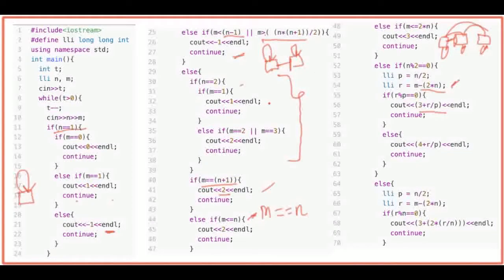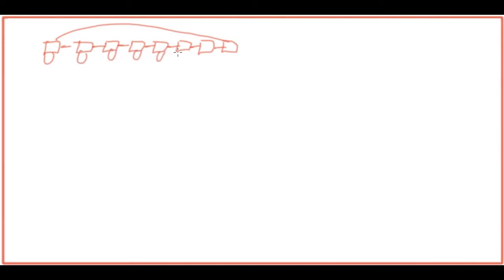If you see here, let me take another example. Let me take 8 nodes: 4, 5, 6, 7, 8. Here I can have this and the self connections. And then in the next step I will have this, this, this and this.